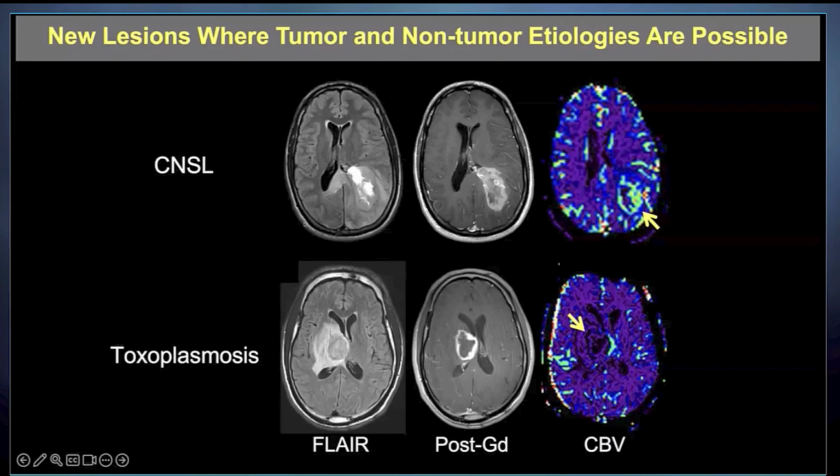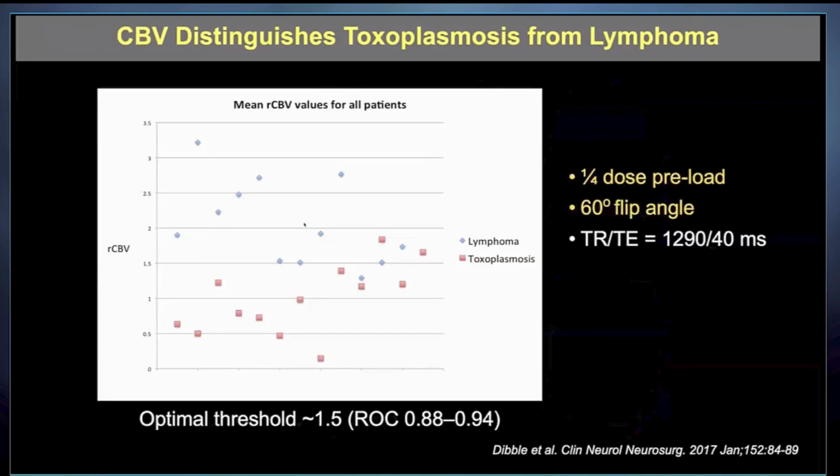And these are often cases where, in my experience, one can just eyeball the cerebral blood volume maps to determine the presence or absence of notable CBV elevation and generally arrive at some conclusion without the strict need for quantitation to make a determination as to whether we're dealing with a neoplastic or a non-neoplastic process. Now, quantitation can sometimes be helpful.